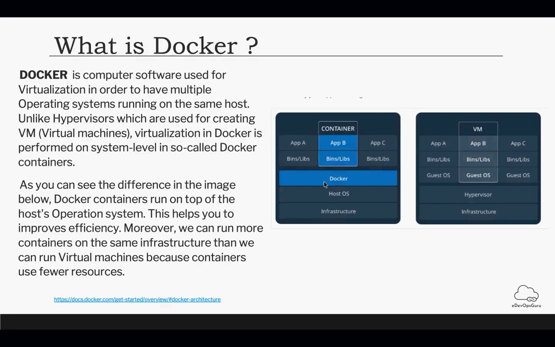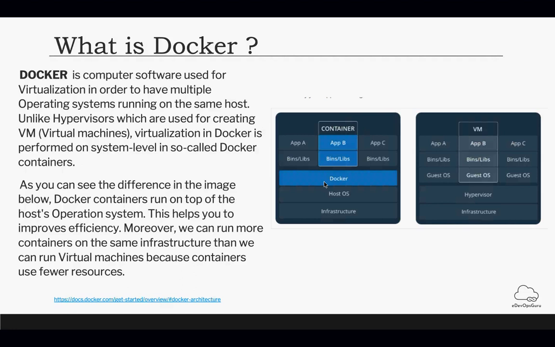So these are lightweight containers, or lightweight virtualization compared to normal virtualization, because we don't have the heavyweight operating systems here. It's just libraries and binaries which are operating system specific.